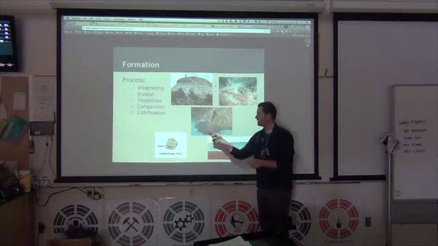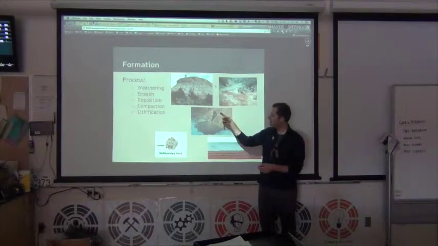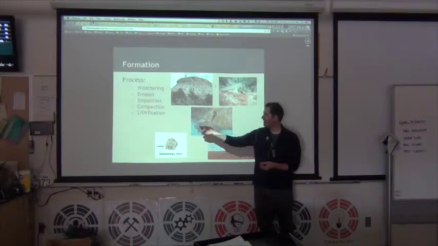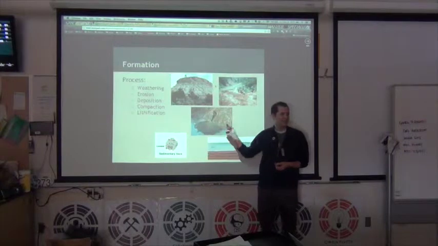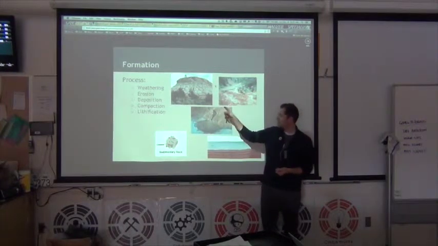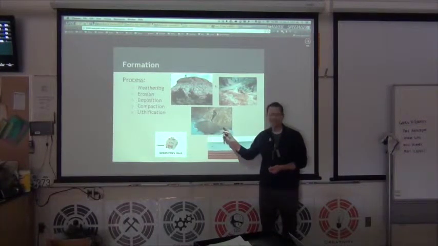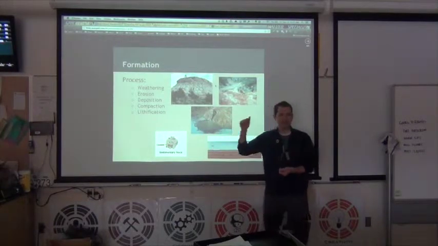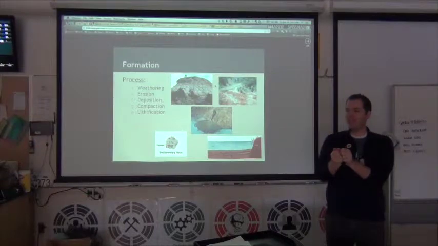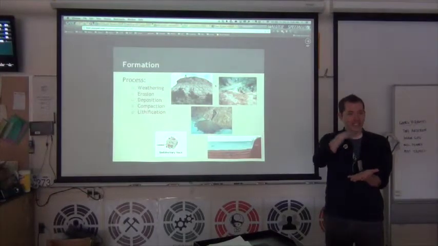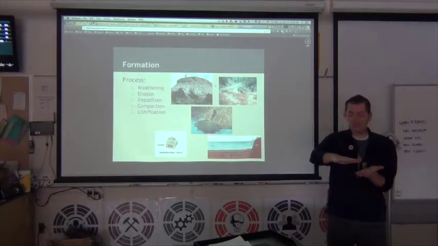In this picture, we see a stream coming down, and all of this rock is in the water down here. This is deposition. It's been eroded and moved, and then it's deposited here. So we've got weathering, we break it apart; erosion, we move it; deposition, we stop moving it, and it starts falling in layers.